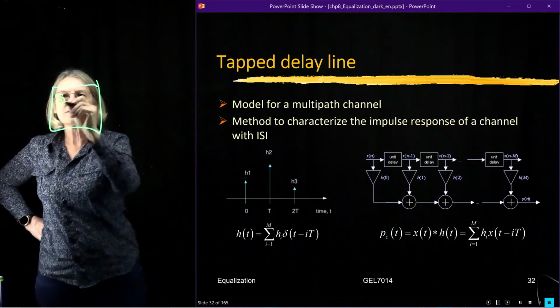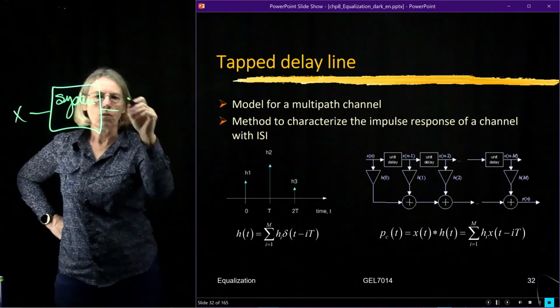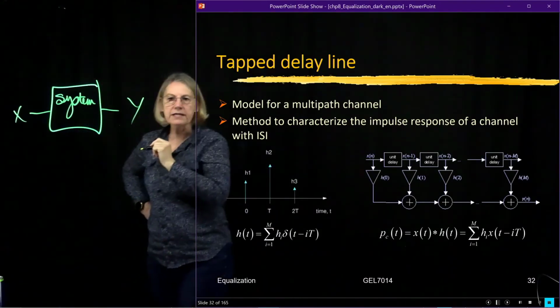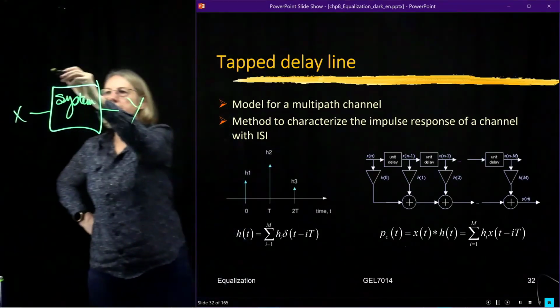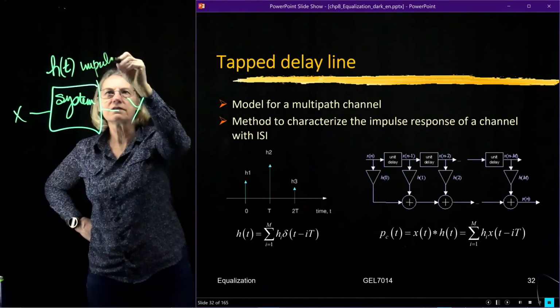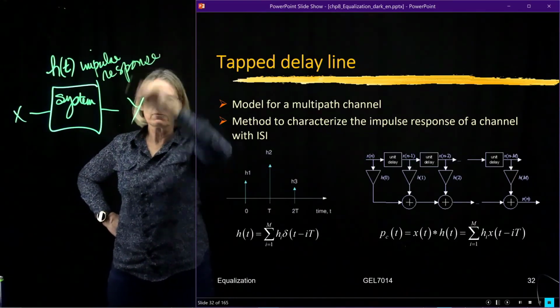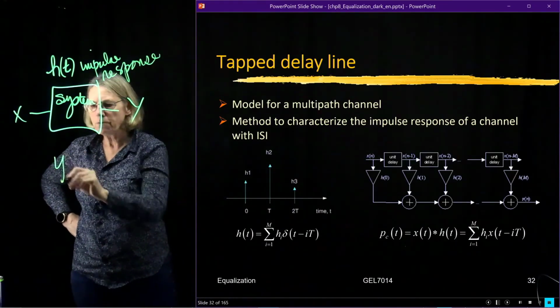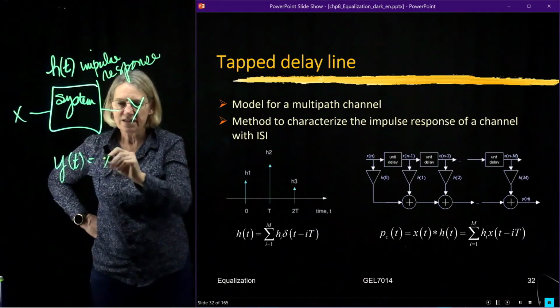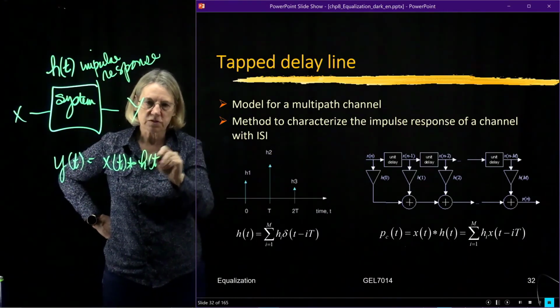We have X as the input, Y is the output, and the system I can represent by h(t), which is the impulse response. From Fourier theory, I know that the output is just the input convolved with the impulse response.